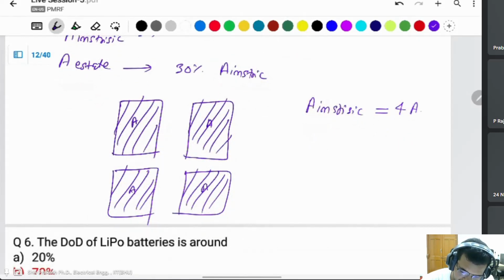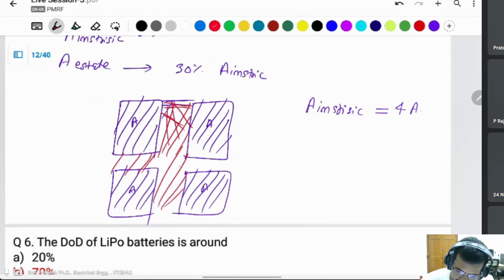But if you take this area also for the cleaning purpose, then the estate area will be 4A plus the gap area.